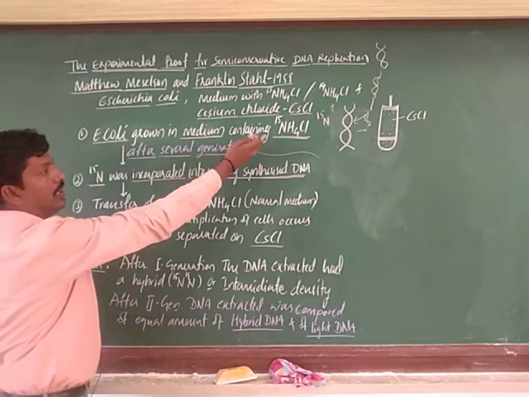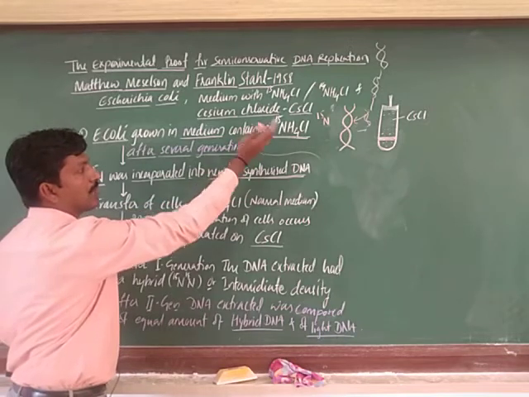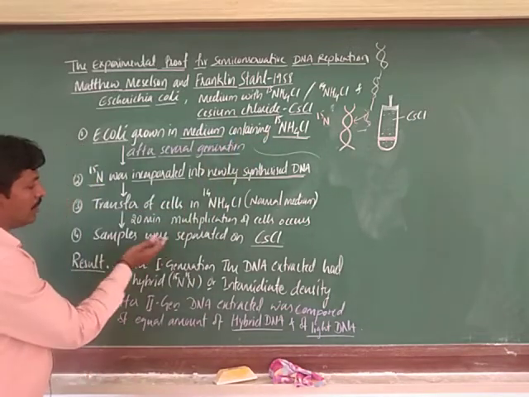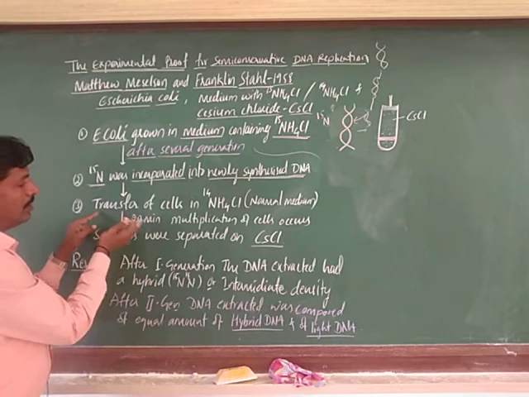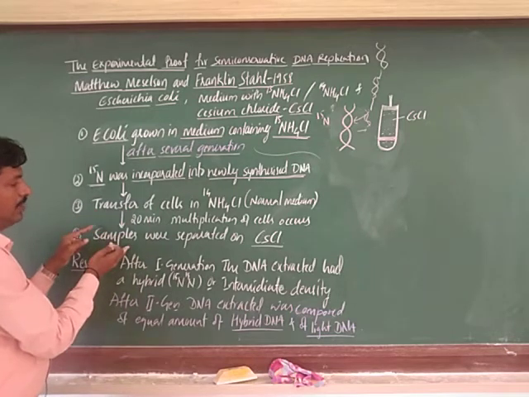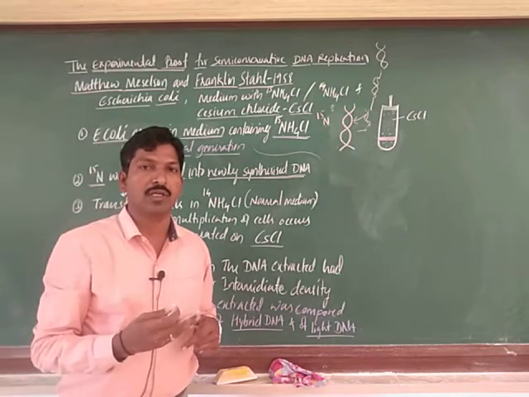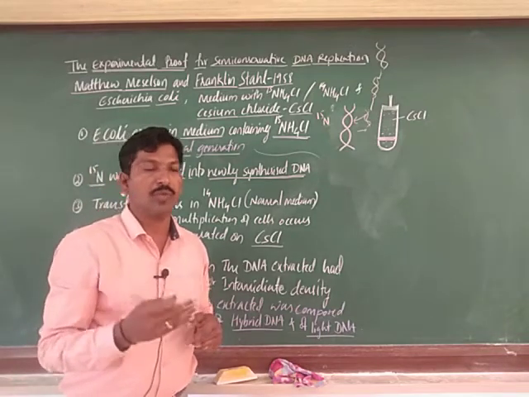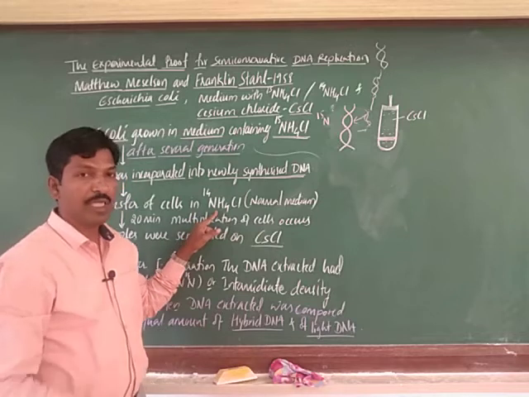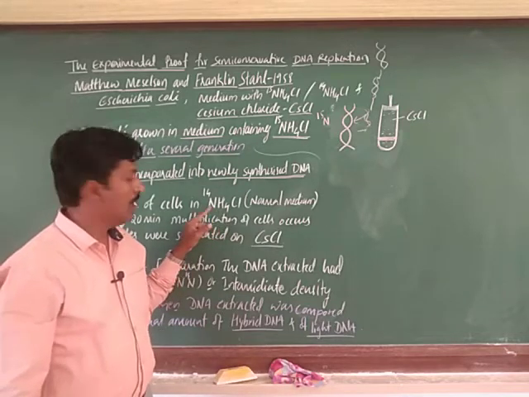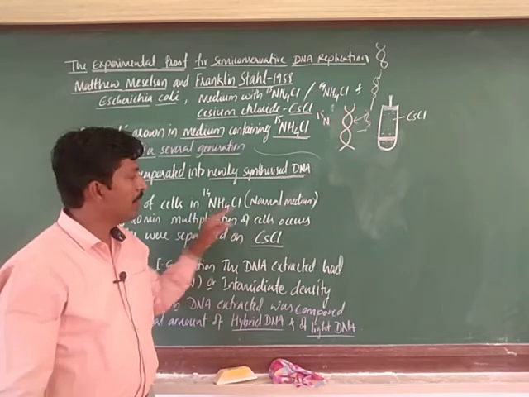So, they were developed in heavy isotope medium, but here in normal isotope, after the first generation, we allow them to grow or culture in the normal medium, the medium containing normal nitrogen, that is called normal medium, right.